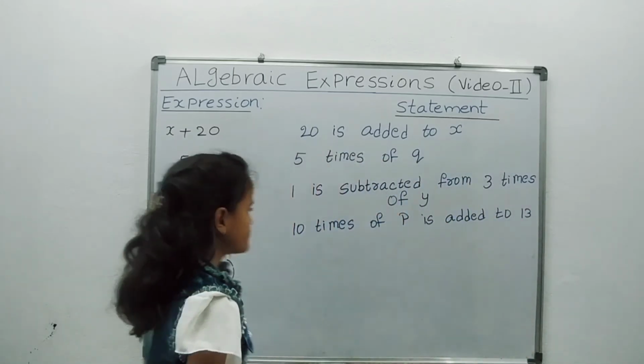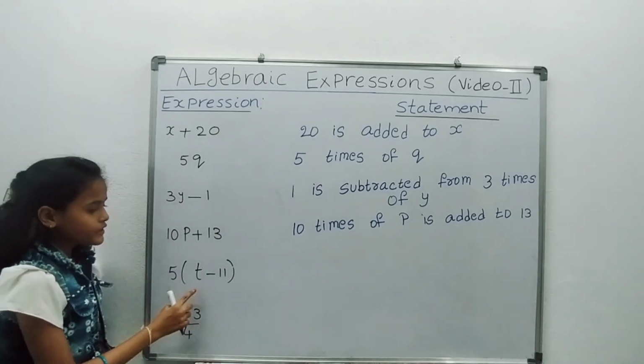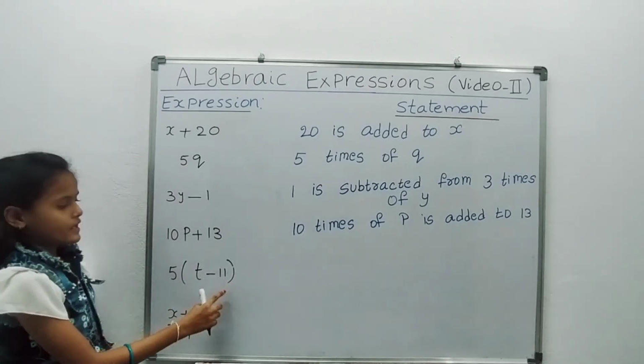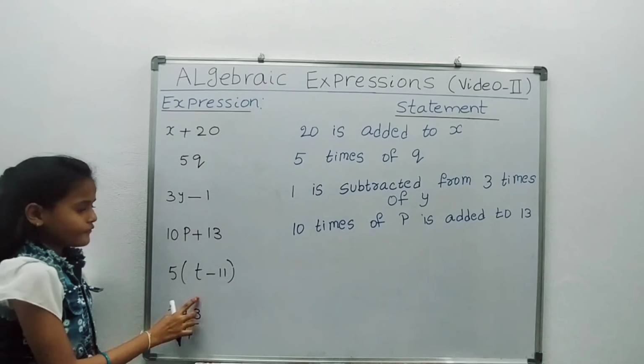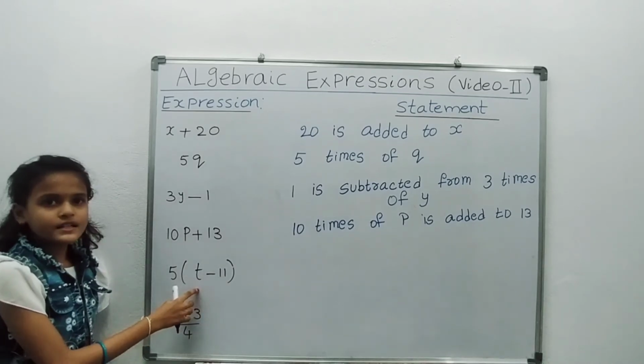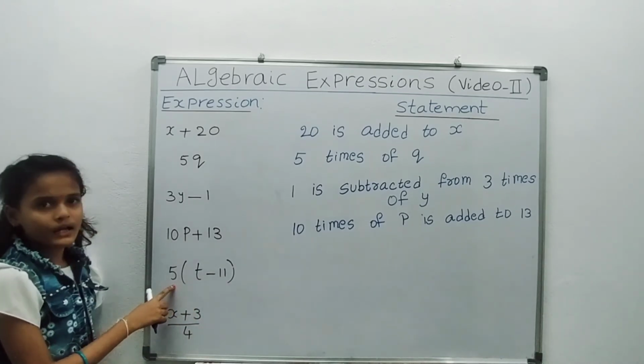See, next, 5 into t minus 11. 11 is subtracted from t and the difference is multiplied by 5.